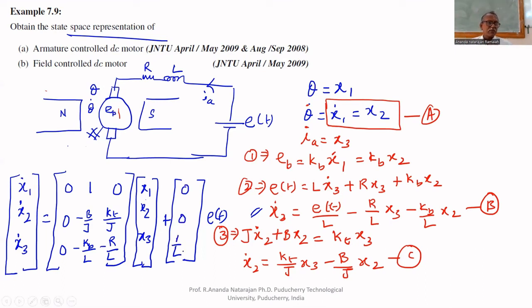This is the state space model of the armature controlled DC motor.